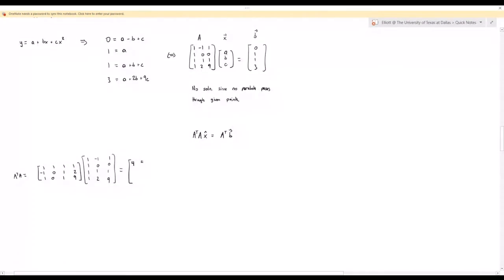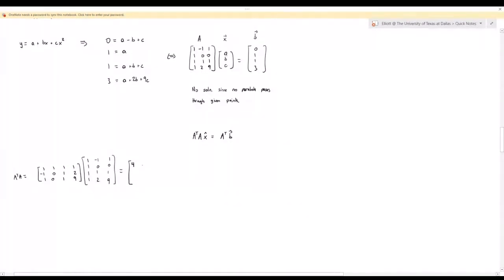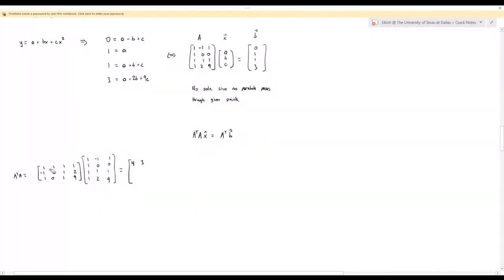That's going to be 3, and then next, 1, 0, 2, that's 11.